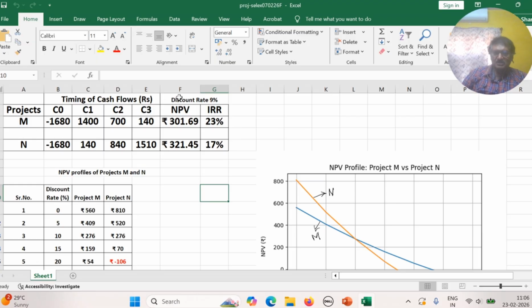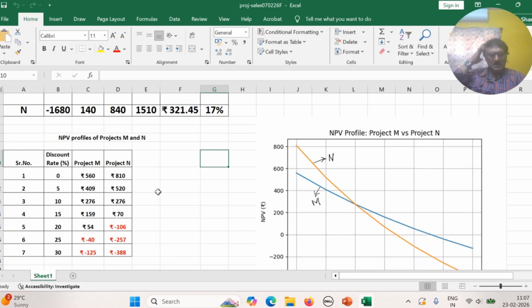That means if we consider the NPV for selecting the project, then N should be accepted as its NPV is more. And if you apply the IRR for taking the decision, then you have to select project M as it is higher. That is a conflicting situation. Which one will I accept?